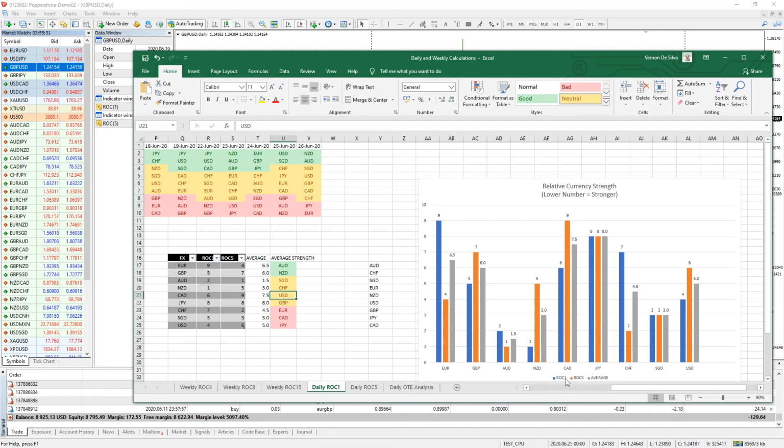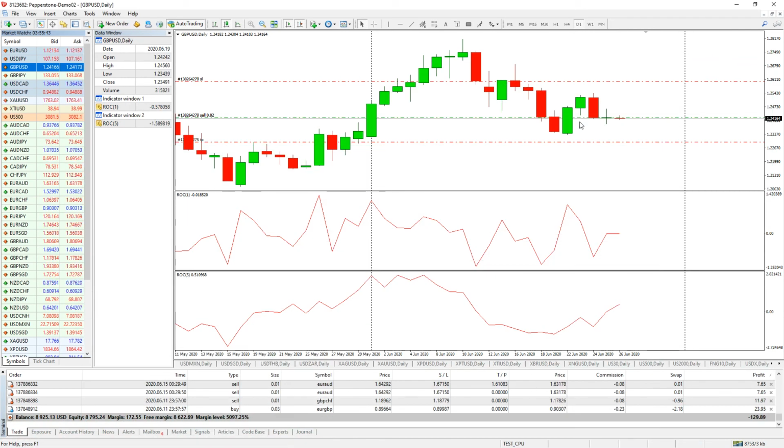Even if you look, this is fairly weak, but it's pretty close to the USD. So even from the chart you can see a little bit of indecision here. But I would say for today I will still think it may be going down. So let's see how it plays out.